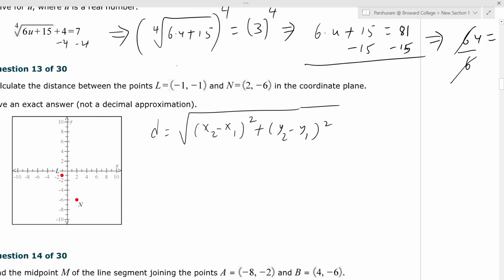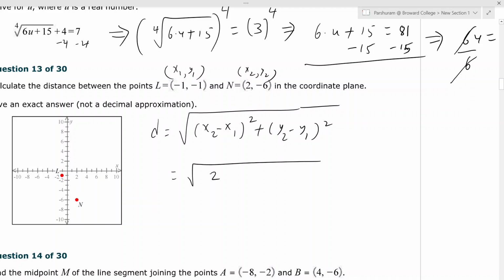So let's assume that this is x1 y1 and this is x2 y2. Keep in mind, you can always switch this notation. You can say the first one as x2 y2 and the second one as x1 y1. It doesn't matter.